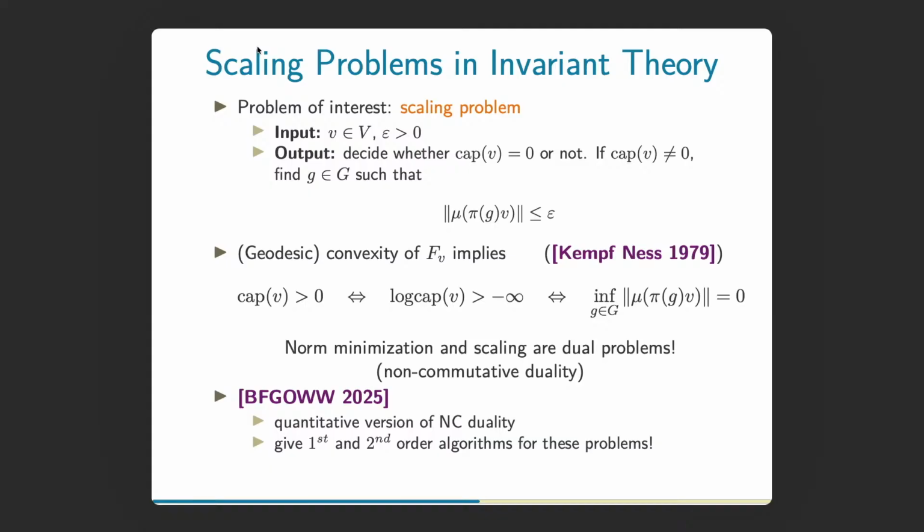If you specialize this to the matrix scaling setting, you get the first and second order algorithms for these problems there. But again, those ideas that you saw in the first lecture can be generalized to this setting. It's not that bad. It just involves controlling the parameters to analyze these algorithms, and these parameters are coming from the representation theory of this action.